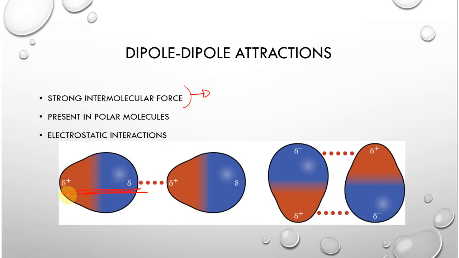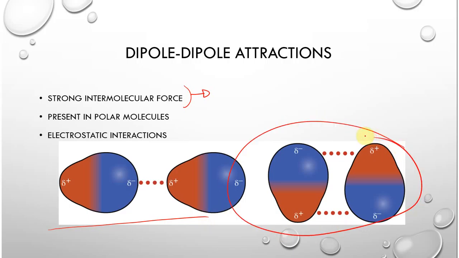Because these are permanent, they are not fleeting interactions, rather they are permanent interactions. And so you can actually end up getting these permanently formed in polar substances. And because they're permanent, they're strong, it takes a lot more energy to break apart molecules like this.